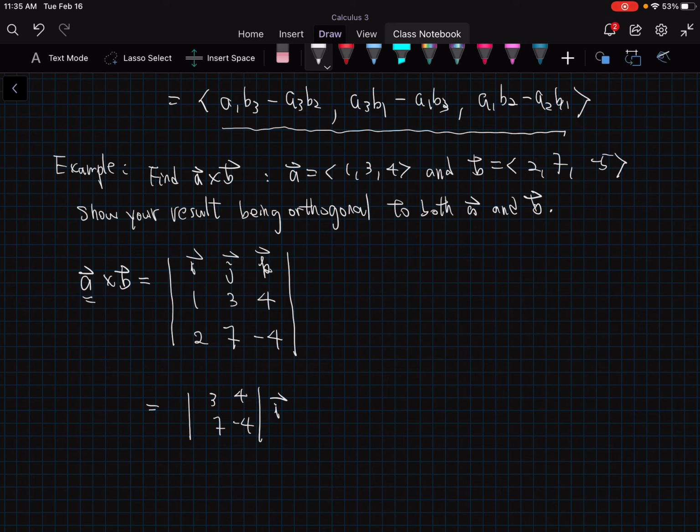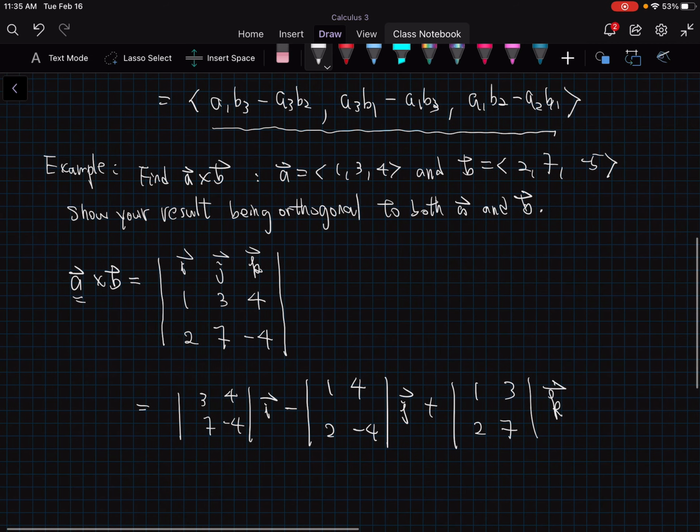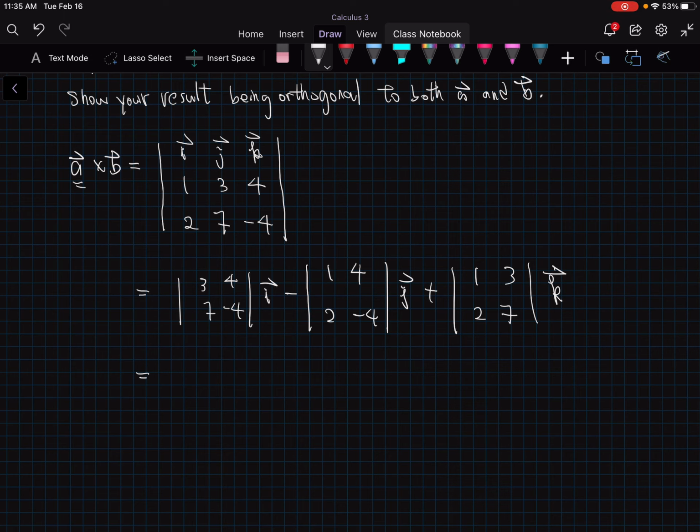So it comes I minus, and now you cross out these two to get the second one. So it's 1, 4, 2, -5, J, and cross out these two to get the third one. So you get 1, 3, 2, 7, K.